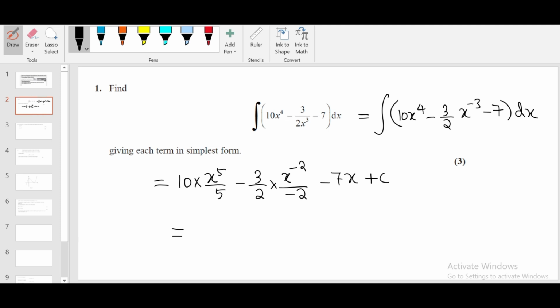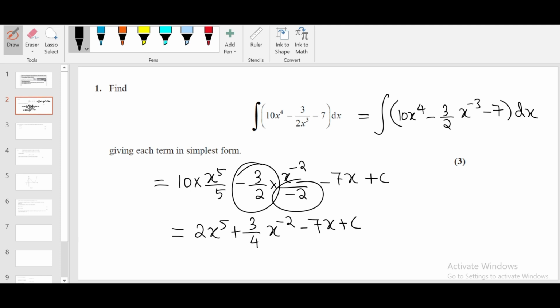Simplify this. 10 over 5 is 2x^5. When you simplify, it becomes positive 3 over 4 x^-2 minus 7x plus c.